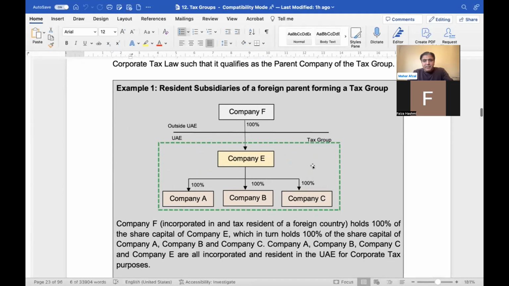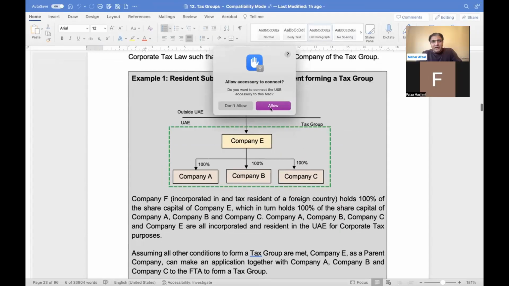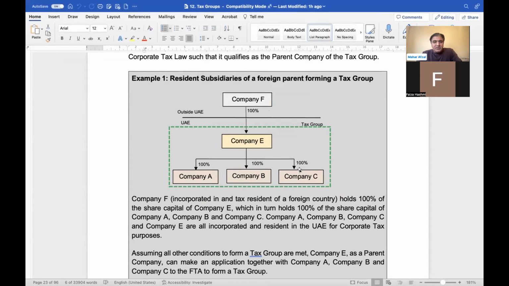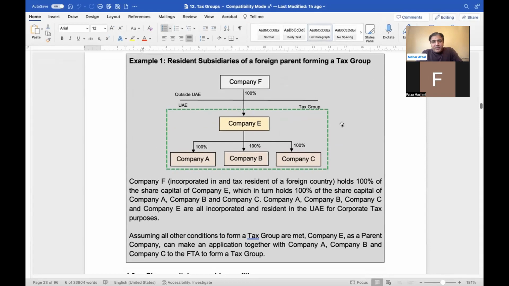But F cannot become a part of the tax group. And what is the reason for this? The important thing is F is a non-resident. So F cannot become a part of the tax group. Other than F, all other entities can become a part of the tax group.